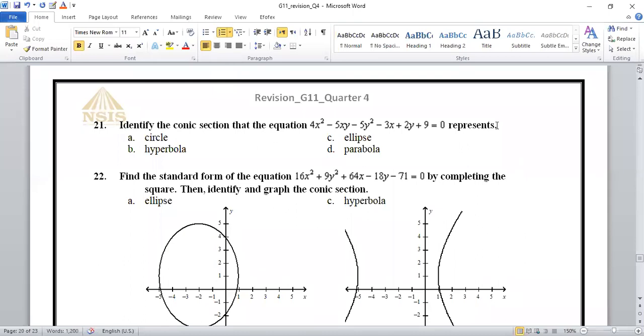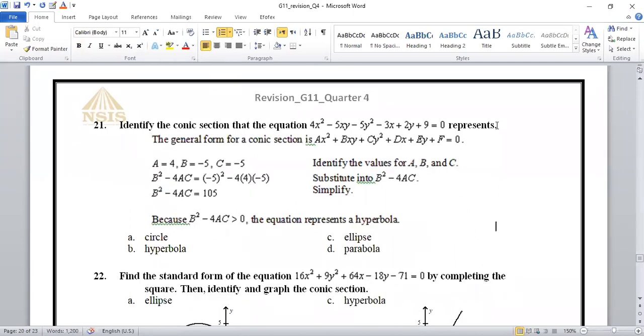Number 21, identify the conic section that the equation 4x² - 5xy - 5y² - 3x + 2y + 9 = 0. Okay, the general form for the conic section is ax² + bxy + cy² + dx + ey + f = 0.